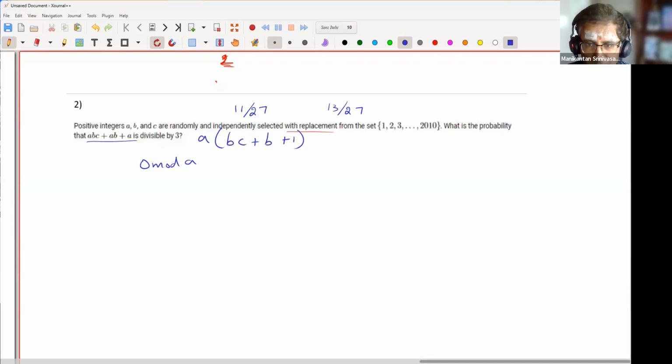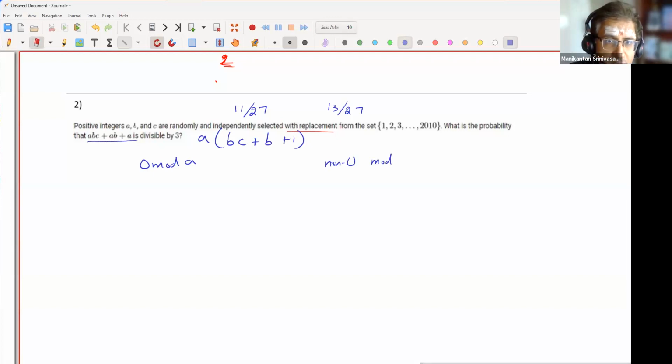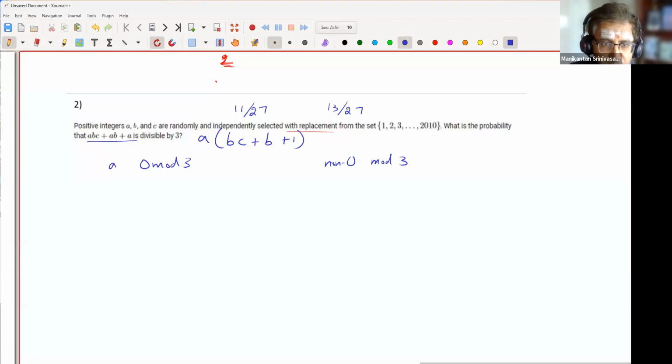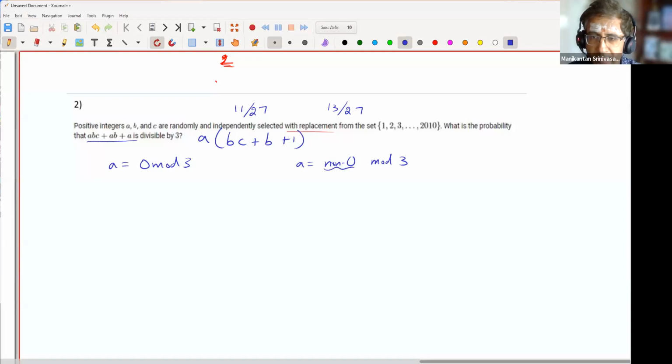A is not divisible by 3, so non-zero mod 3. Non-zero means leaves a remainder other than 0, which is 1 or 2. Okay. So clearly, in this case, you don't really care about what B and C are.